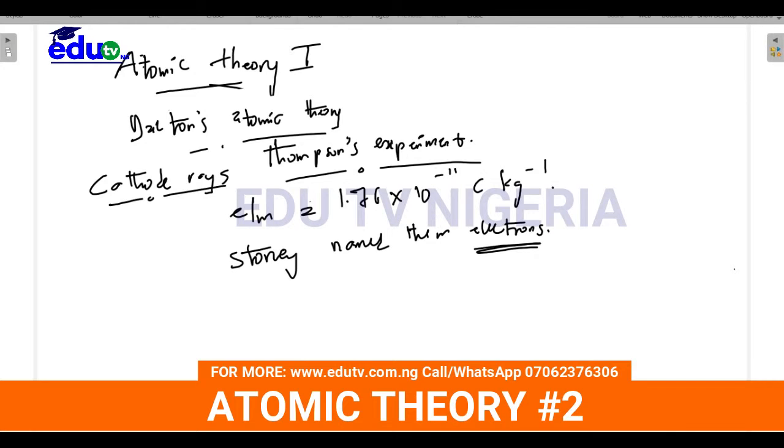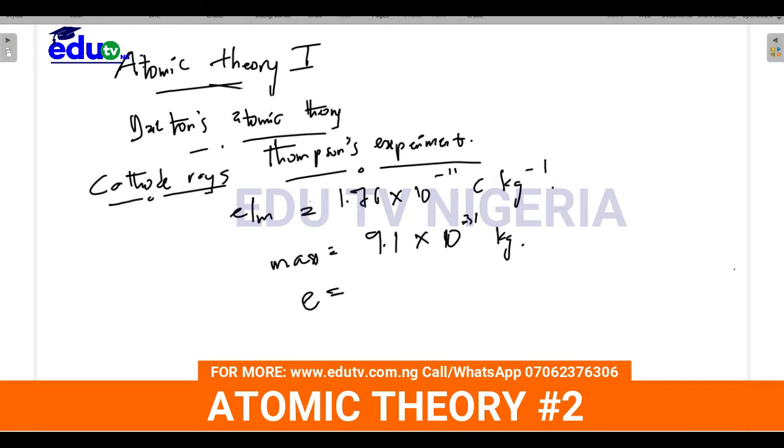Let me give you the mass of the electron: 9.1 times 10 to the power minus 31 kilograms. This is the mass of the electron. From this you can calculate the charge of the electron, which is 1.602 times 10 to the power minus 19 coulombs.